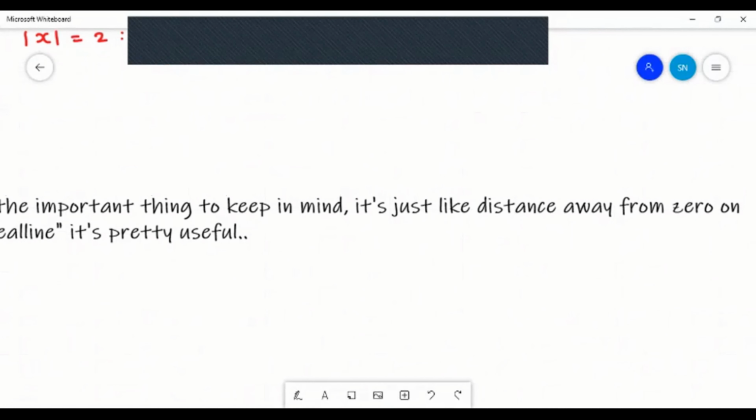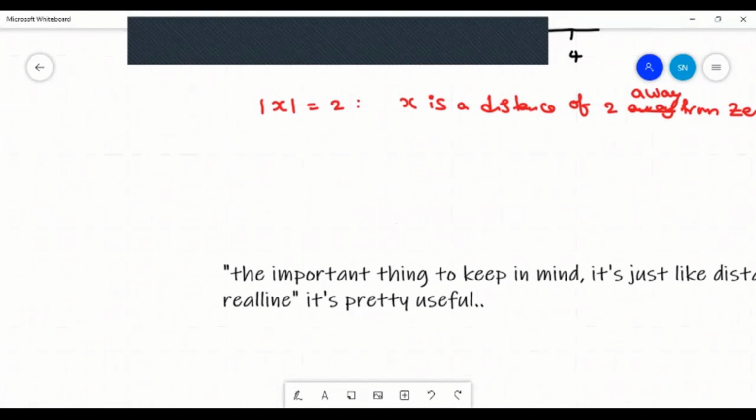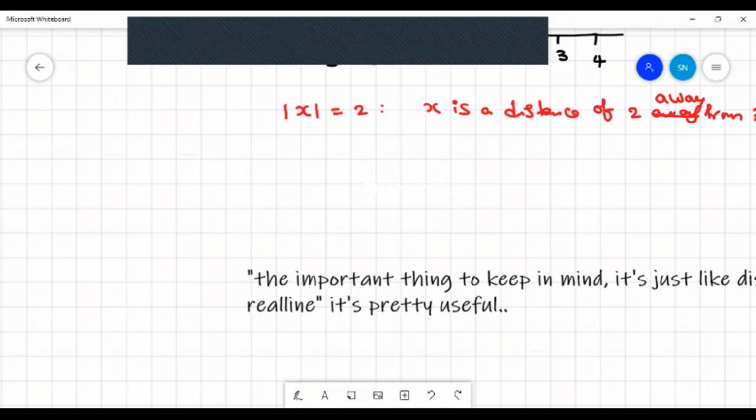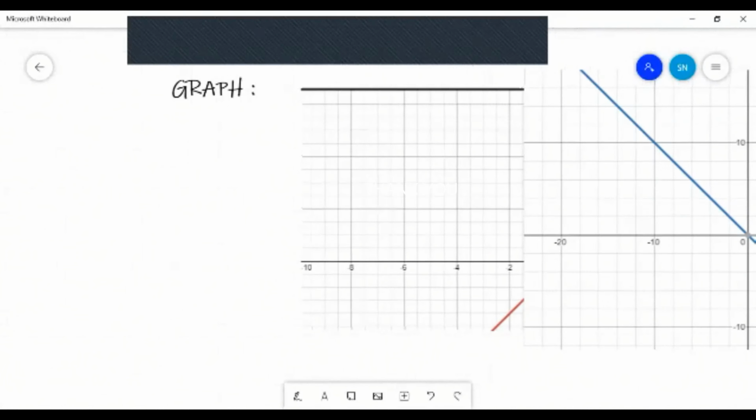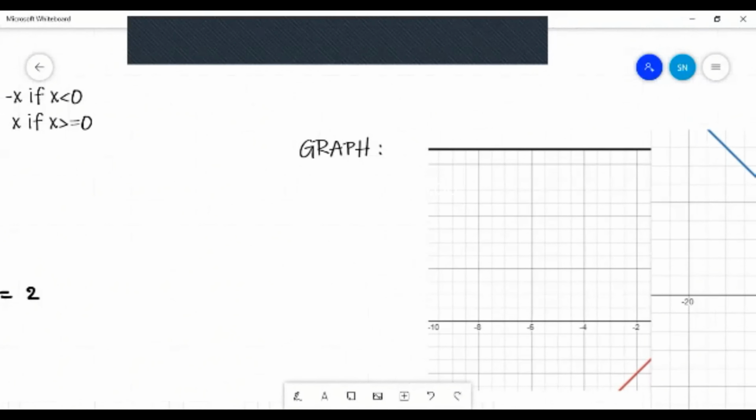So the next point is the graph of the modulus function. Let me take again the definition of the modulus function: y is equal to f of x is equal to minus x when x is less than 0, and x when x is greater than or equal to 0.